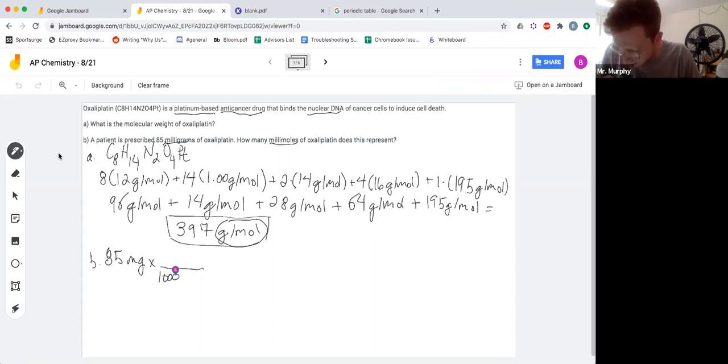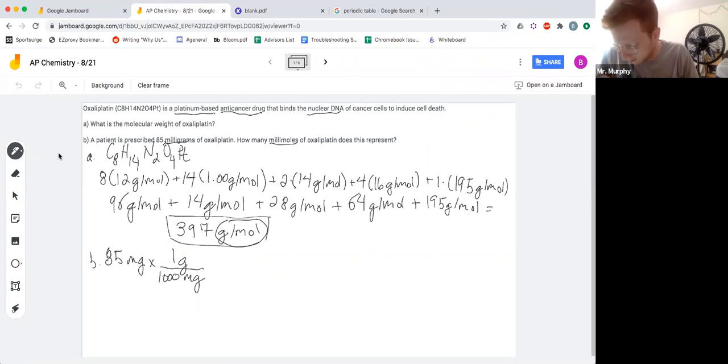Milli is equivalent to 10 to the minus 3 grams. 1 gram equals 10 to the positive 3 milligrams. 10 times 10 times 10 is 1,000. 1,000 milligrams is equal to 1 gram.